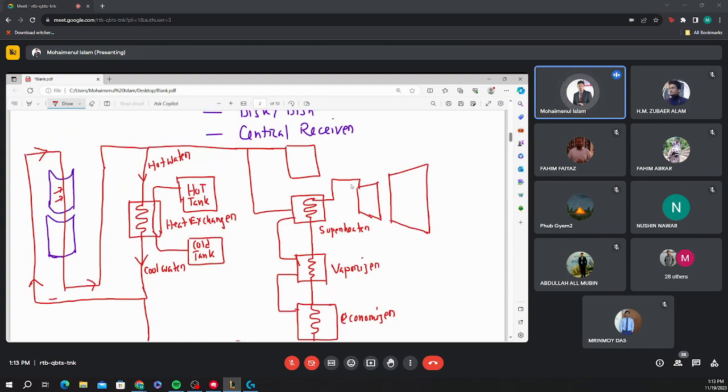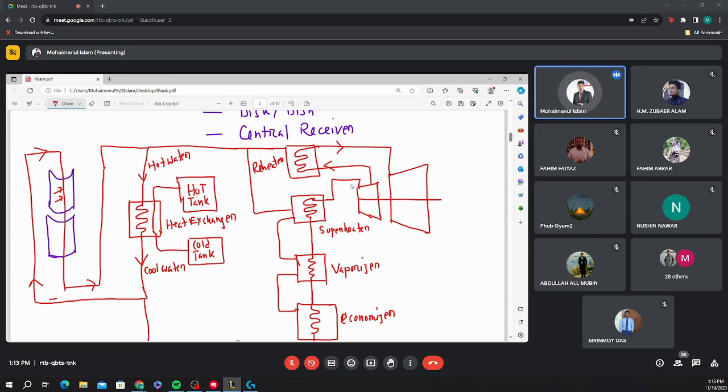This is a reheater. So this is called reheater. Okay.